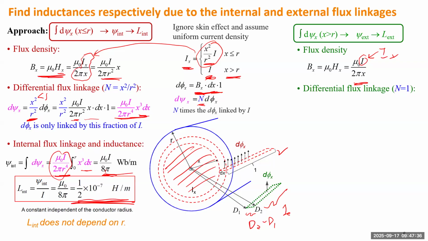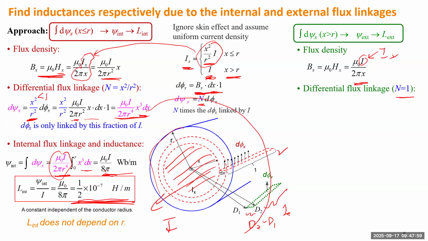So for this flux linkage, once you go outside the conductor, the entire current is linking the flux, which means the N is 1. This entire conductor is carrying current I, right?